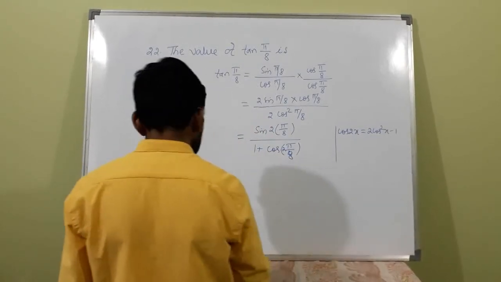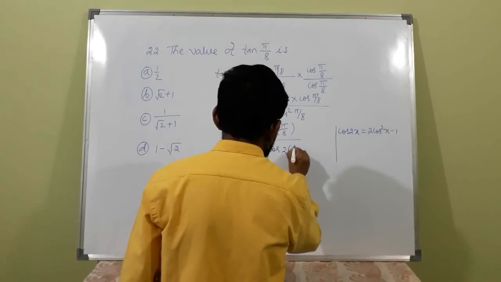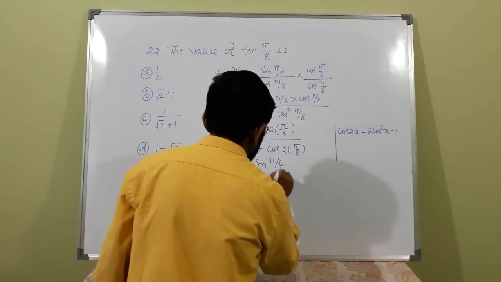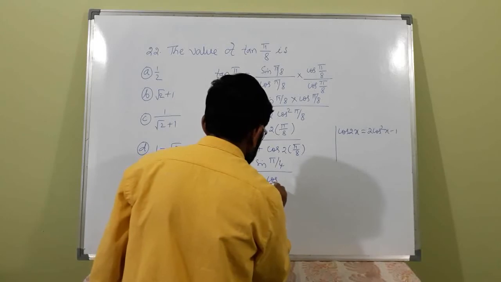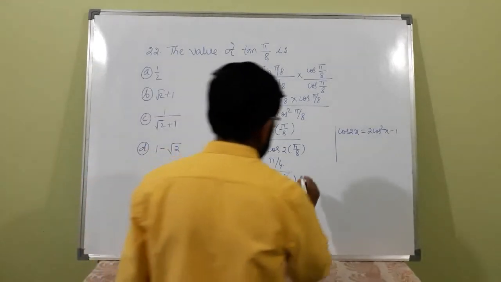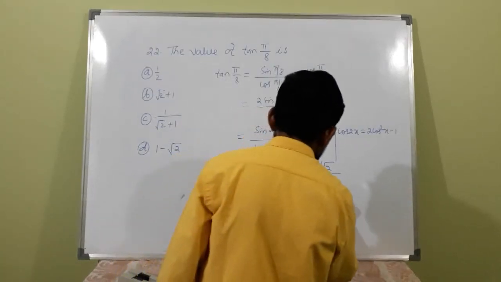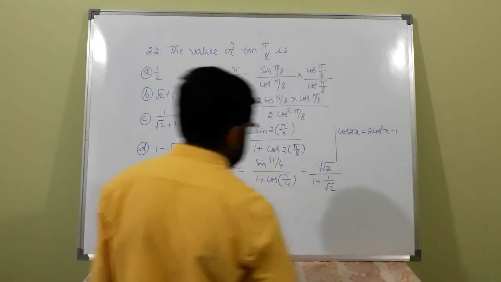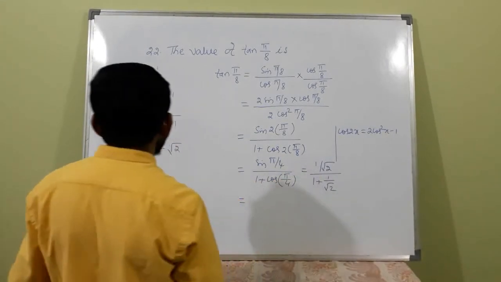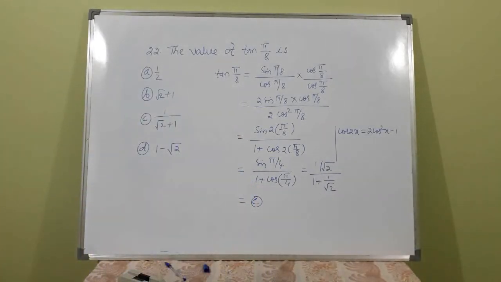That is sin(5 pi by 4) over 1 plus cos(5 pi by 4), that is 1 by root 2 over 1 plus 1 by root 2, which is 1 by root 2 plus 1, and the root 2 gets cancelled. So the answer is C, 1 by root 2 plus 1.